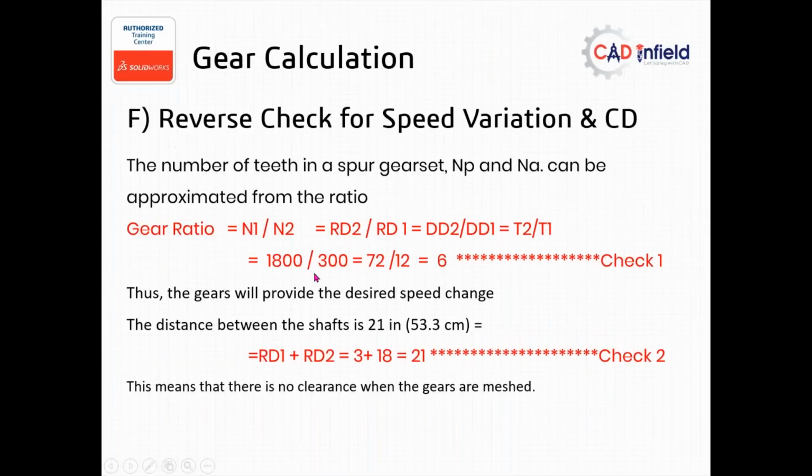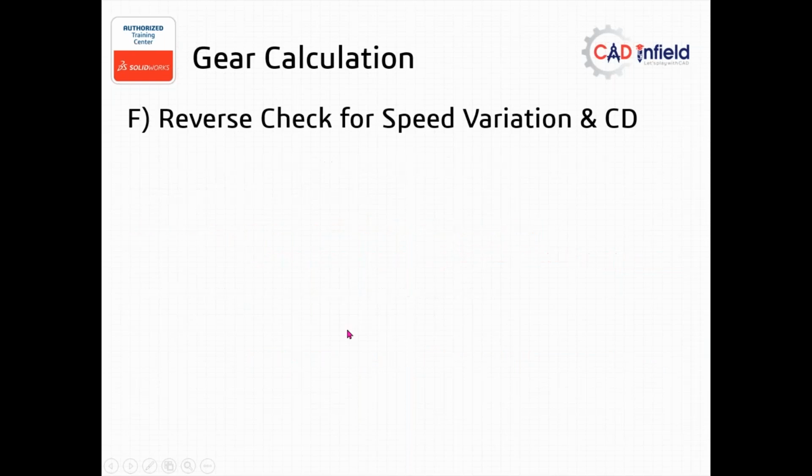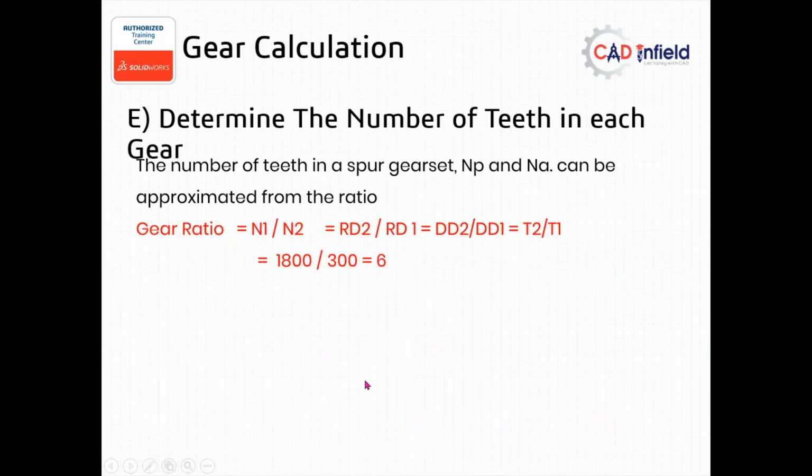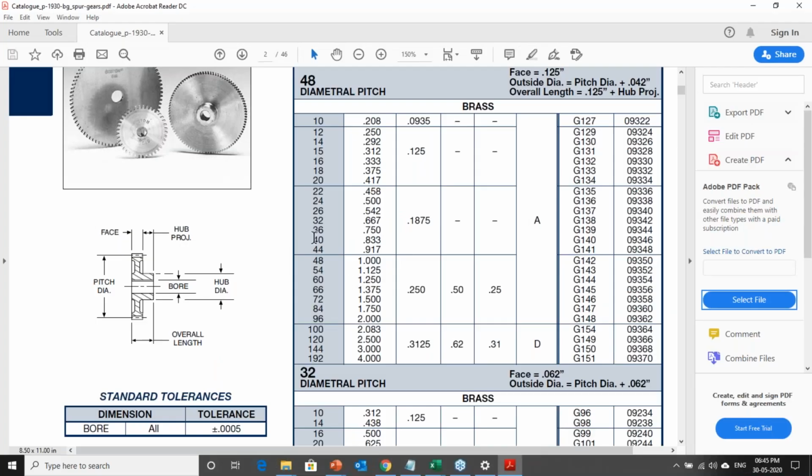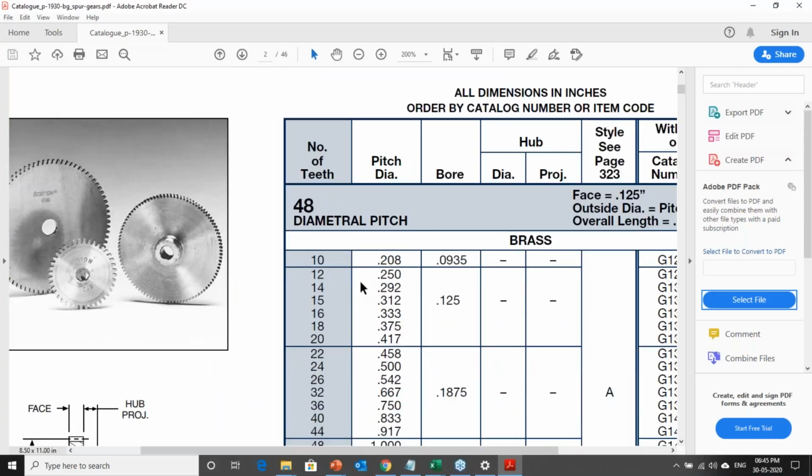So we'll go to here. We have the PCD 18 and 6. So 18, and we'll go to PCD first. Yeah, this is the one: 18-inch and 3-inch. So come to the catalog again. Here is my 48 diametric pitch.